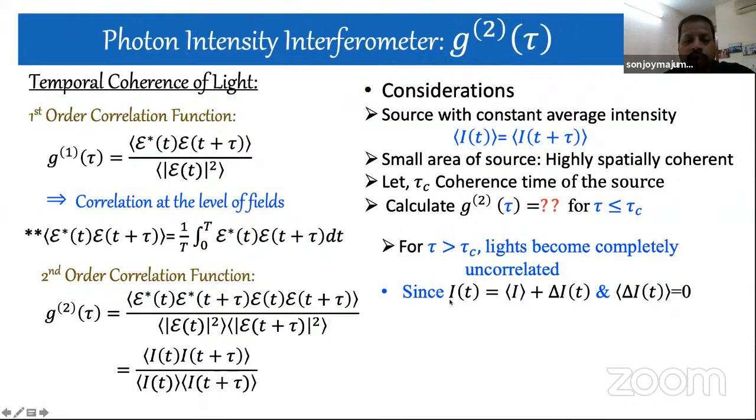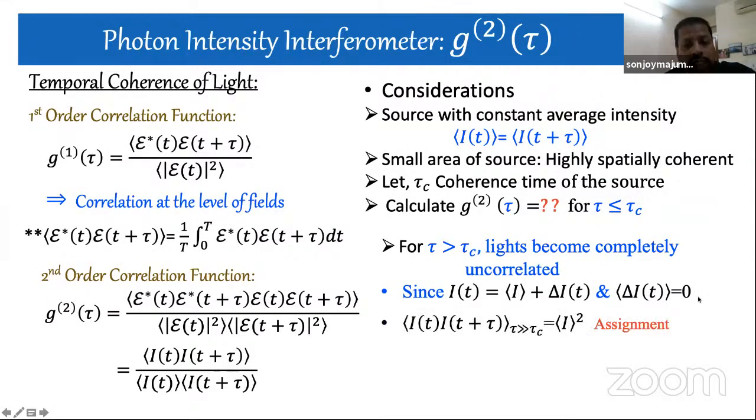Here you can write your intensity in terms of the mean value plus the fluctuation on the mean value, that is delta I, the fluctuation or standard deviation in mathematical form. If you take the time average of this fluctuation, it can go positive or negative, so that time average will give you 0.